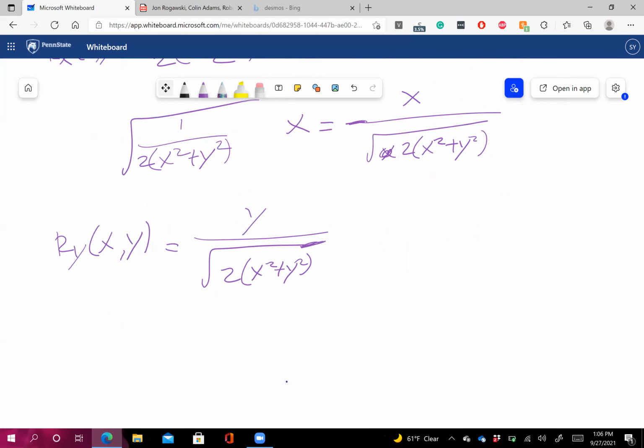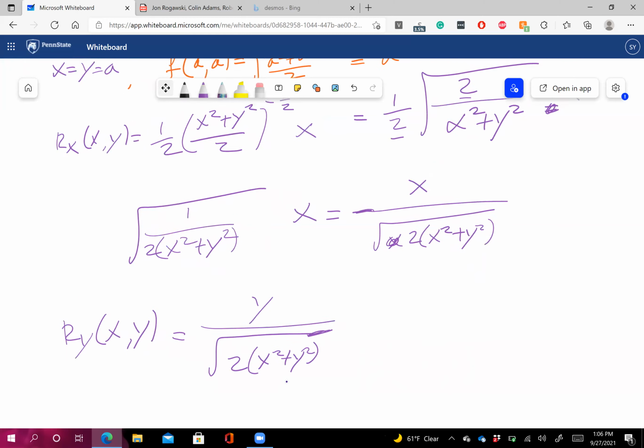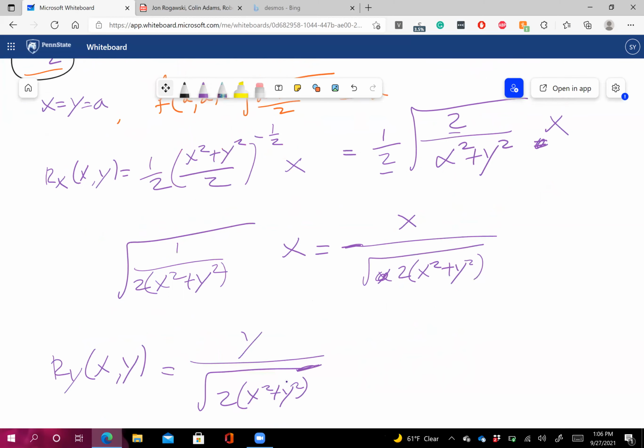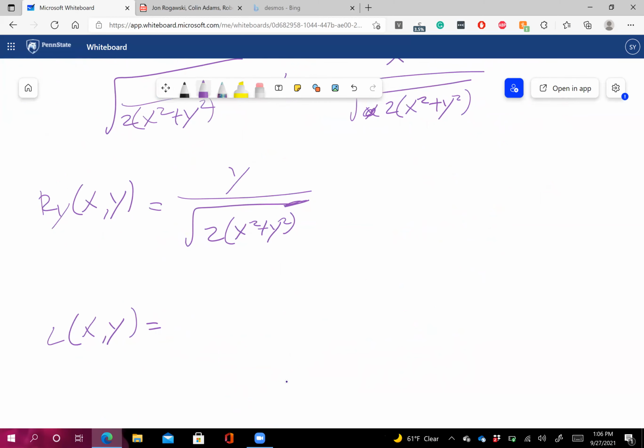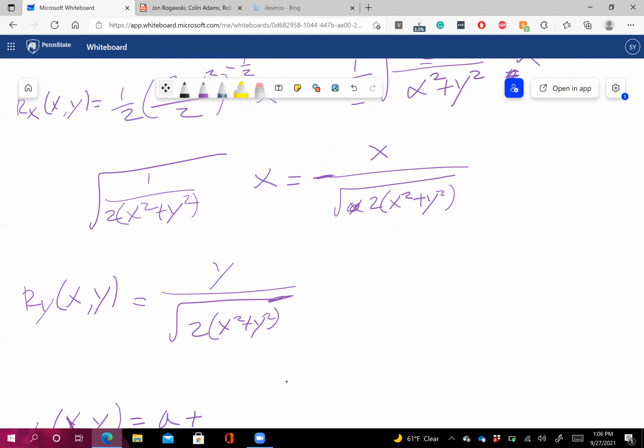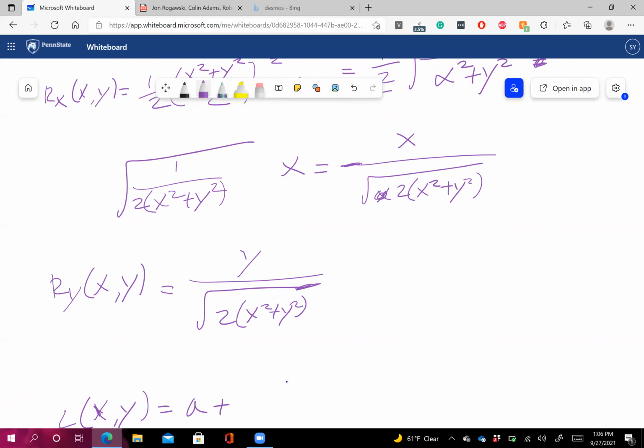Now we can do our linear approximation. So L of (x, y) is going to be f at (a, a), which we said was a. So a plus, and then if we plug in our a, what is the partial of r with respect to x at (a, a)?